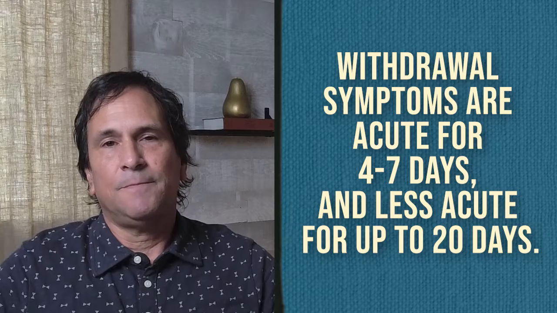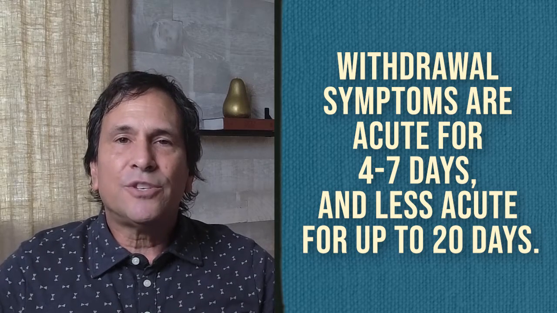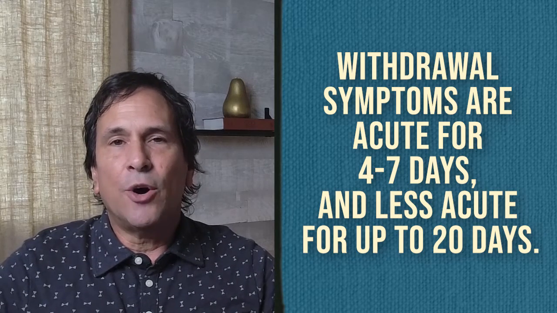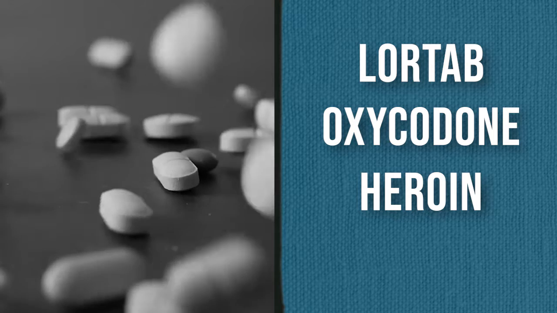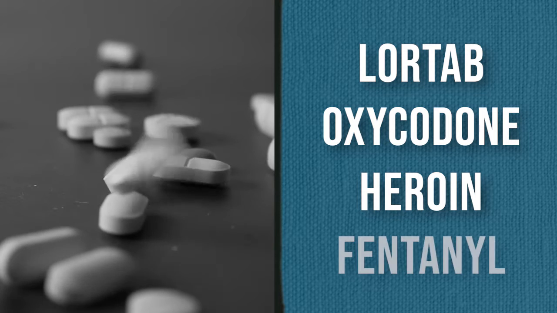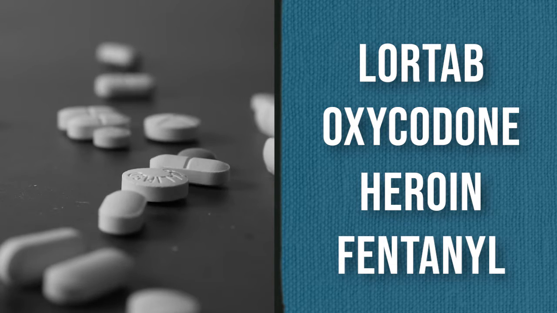And so we're going to look at, what does it look like when a person goes through physical withdrawal from an opiate such as lortab, oxycontin, or maybe an illegal drug like heroin, could be a prescription fentanyl. All those are different variations of the same type of drug called opiates.